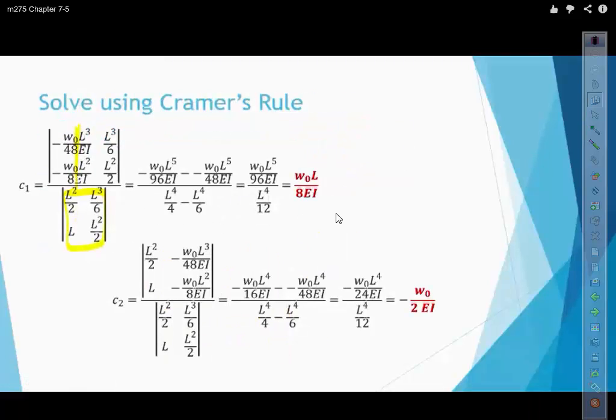And so here's Cramer's rule to get the solution for C1 and C2. And after getting C1 and C2, I take that and plug that back into the equation. So we've successfully used the other boundary, y of L and y prime of L, to solve for those unknown constants.